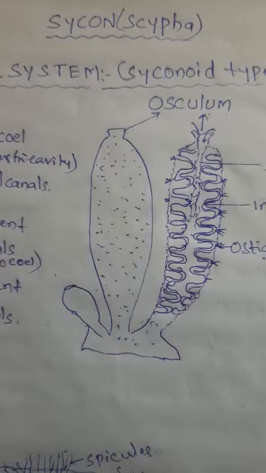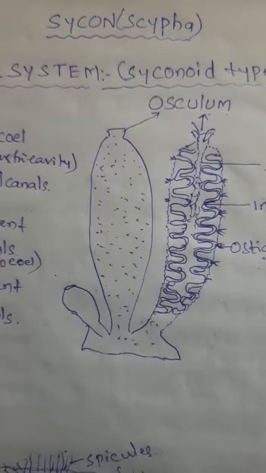The outside surface of the sponge appears smooth, and is then thrown into regularly arranged polygonal elevations.